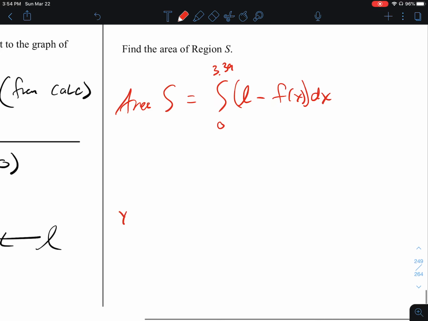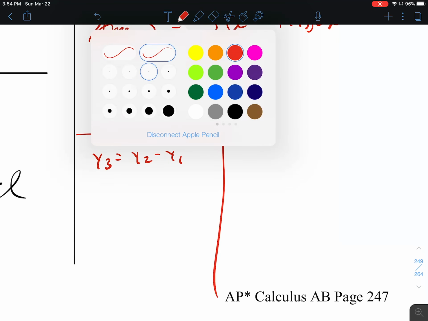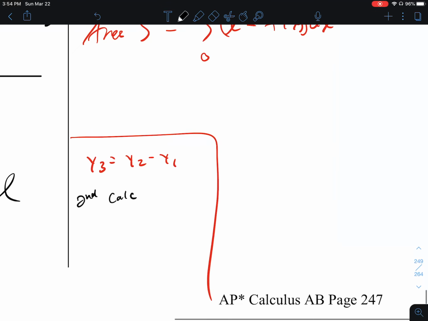I would go into y3 and type in y2 minus y1, because we had L in y2 and f in y1. This is not part of your work, I'm just explaining it. Once you have that, you graph it, hit second, calculate, and choose option 7, which is integrating.